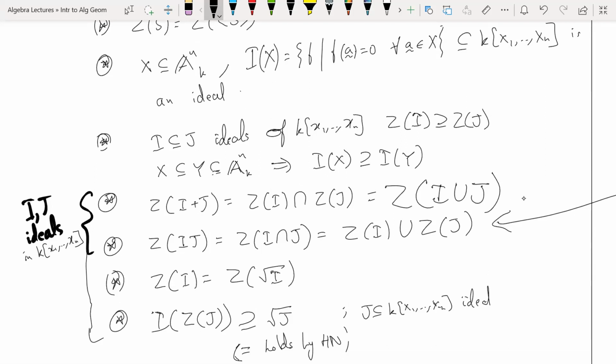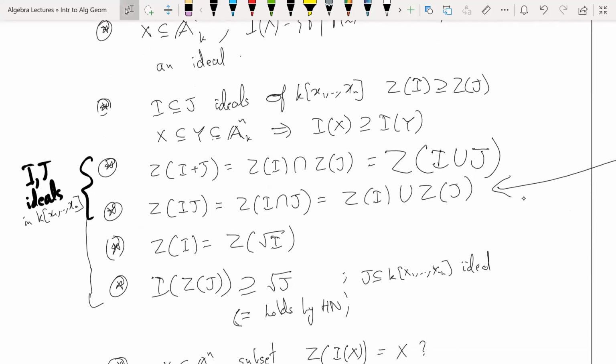And we know that the zero set of an ideal and the zero set of the radical of that ideal are the same. So from the zero set you can make out the ideal only up to radical, in some sense. You can't pick out the ideal completely. Two ideals which have the same radical will have the same zero set as well.